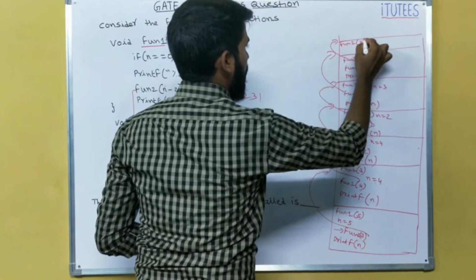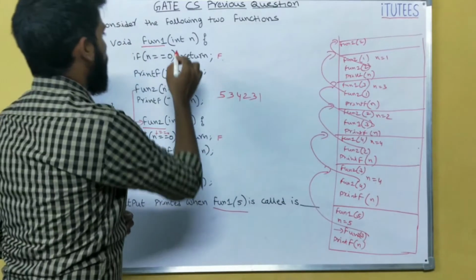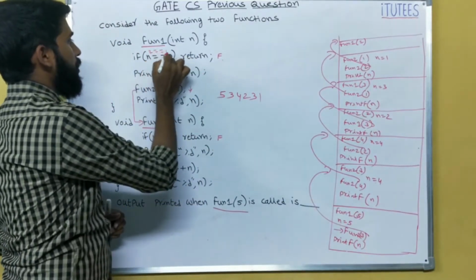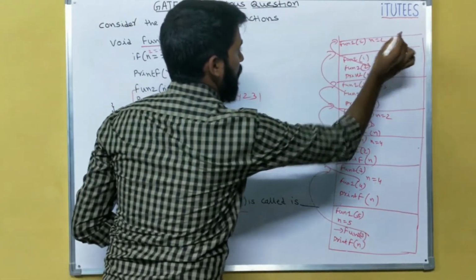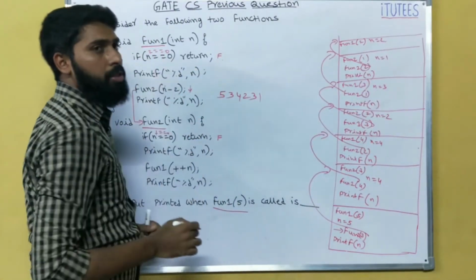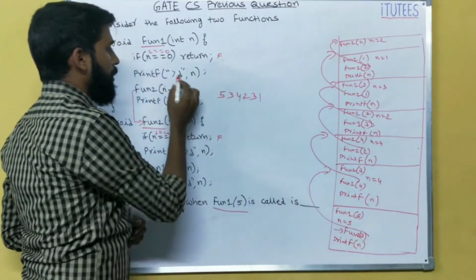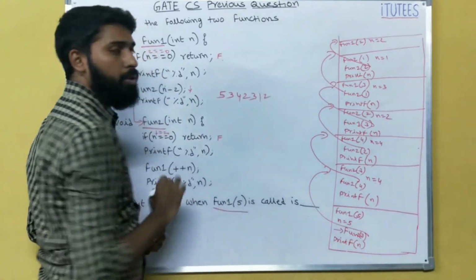Function 1 of 2, n equals 2. 2 equals 0, false. Print n. What is the value of n? 2.